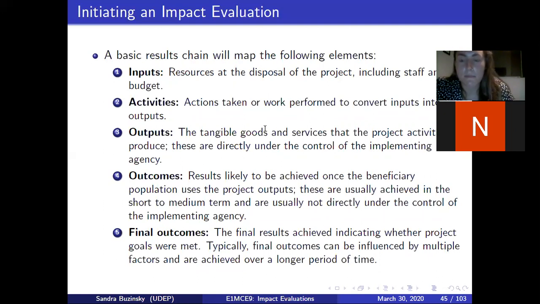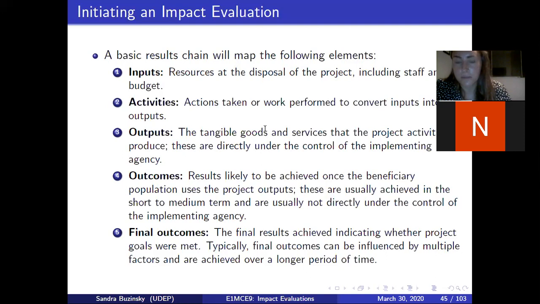resources that we use at the beginning of the project, including staff and budget, whatever the treatment is. Activities can be actions taken or work performed to convert inputs into outputs. Outputs are the goods and services that the project activities produce.